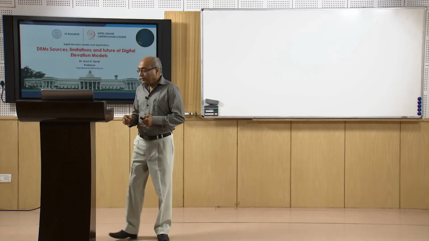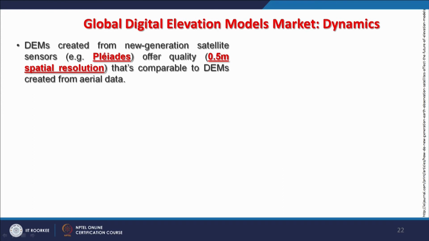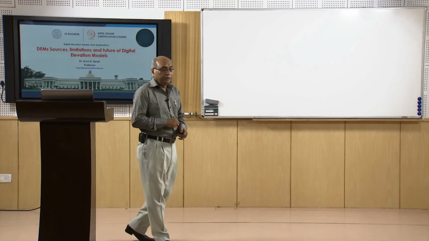And now the future is, one more thing is coming from a satellite, which is Pleiades, which is going to offer a 0.5 meter spatial resolution DEM, probably with stereo data.